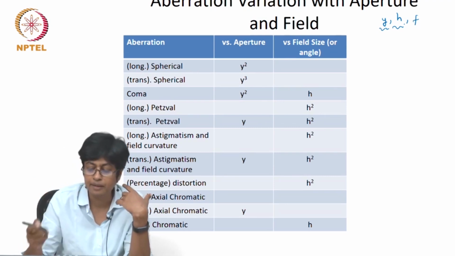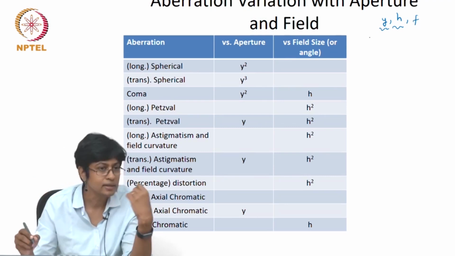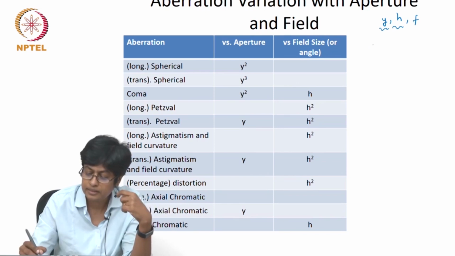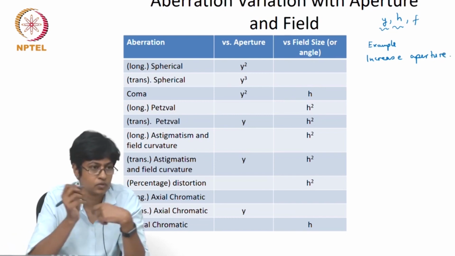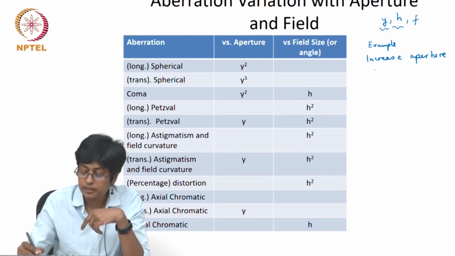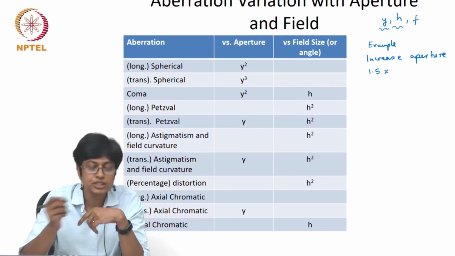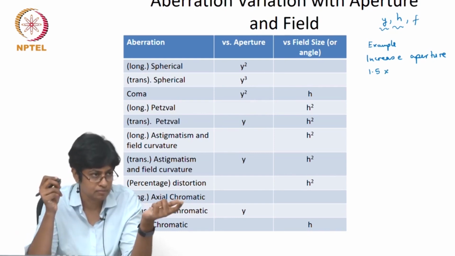So let's take, for example, a case where you had a certain aperture, and let's say you increase the aperture so that it is 1.5 times larger than what it was originally.